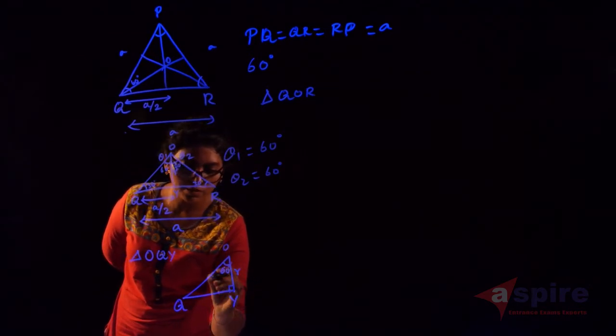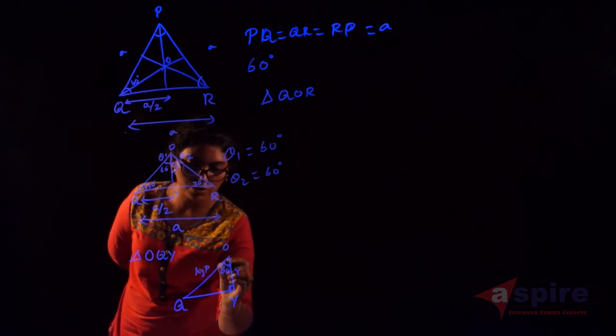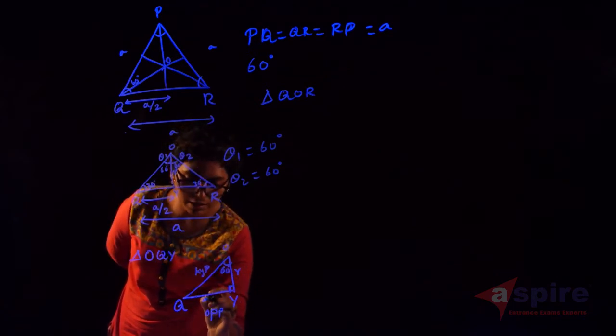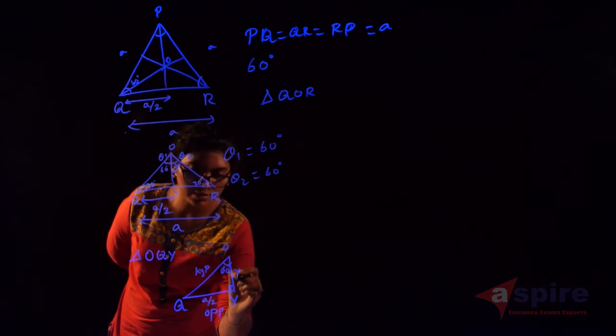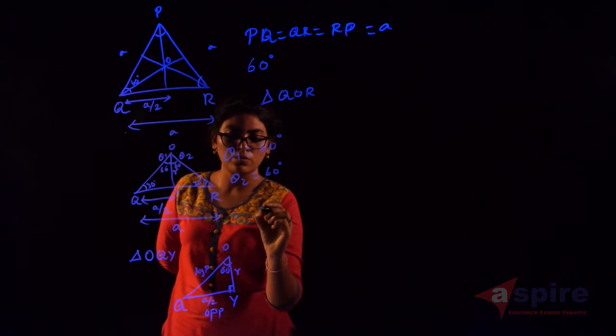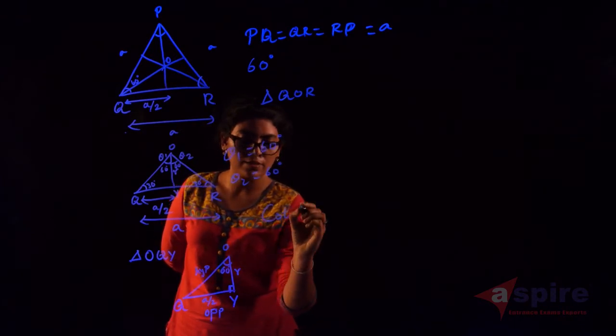So here it is right angle, so this side is said to be hypotenuse, and opposite to the degree is the opposite side, which is given as A by 2, and the other side is adjacent side, that is given as R. So now let us write for cot theta.